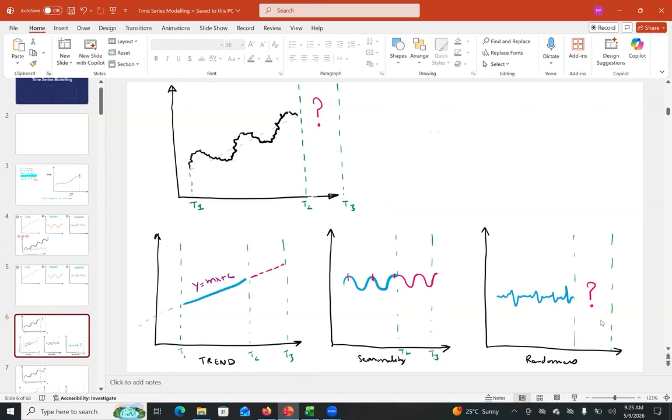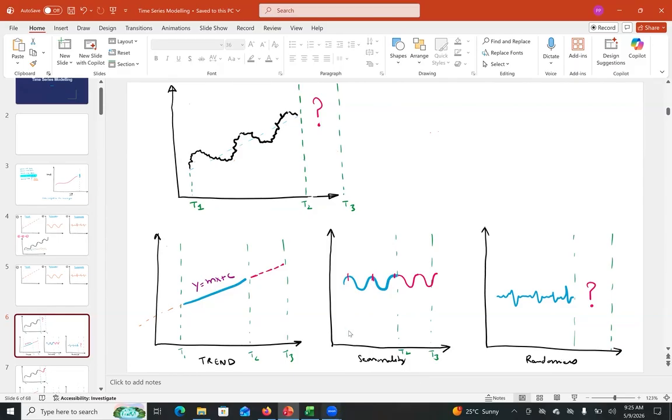No machine learning technique can predict randomness. If it can, then it is no longer a random component. If you can predict something, then it is not random. So randomness here means that component of the time series which cannot be predicted by any machine learning technique.